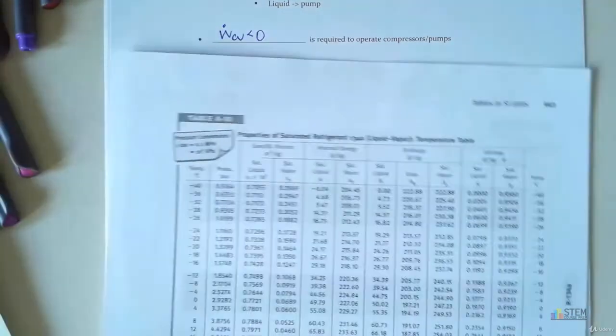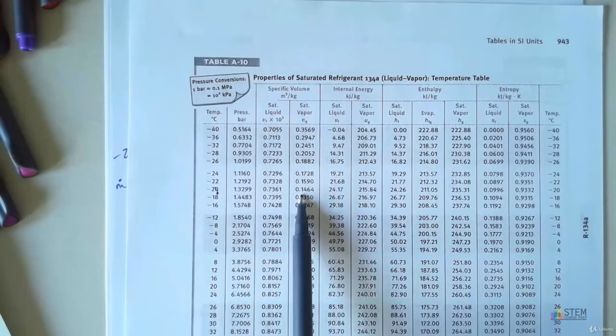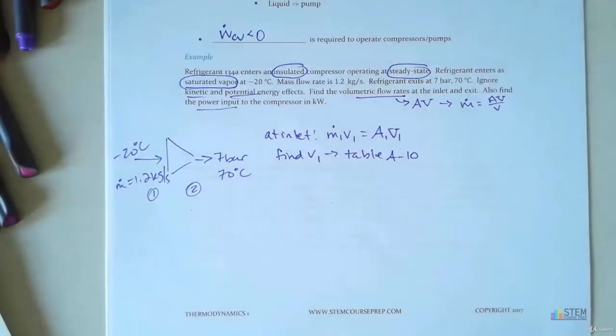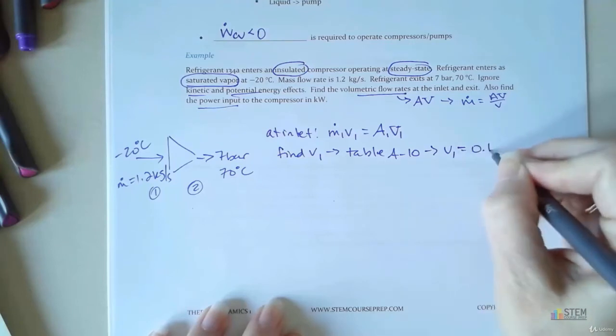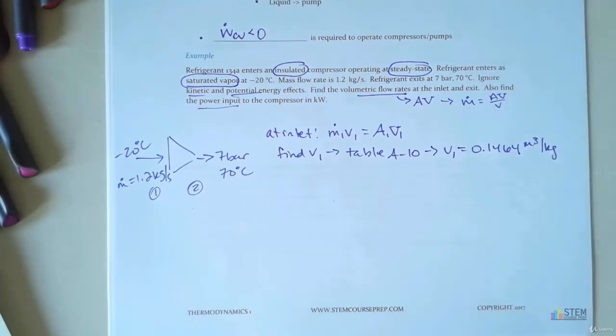We have our temperature, negative 20, and we're at saturated vapor. So we're going to go all the way over to right here. This is the v_g. Notice this is saturated vapor. So we have 0.1464. So v1 is 0.1464 cubic meters per kilogram.